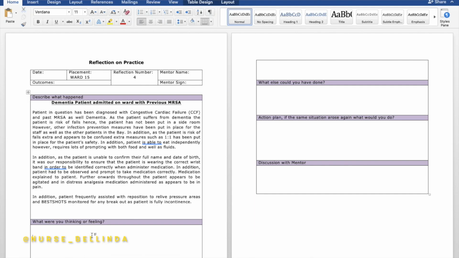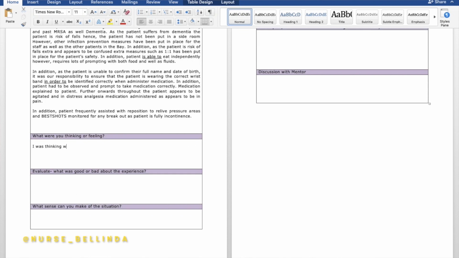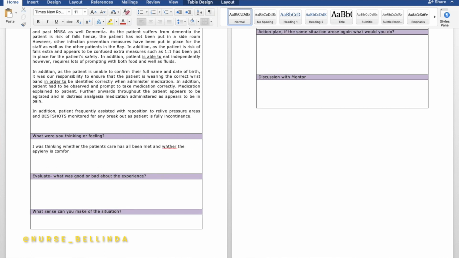So what were you thinking or feeling? So I was thinking about whether the patient's care has been met and whether the patient is comfortable.